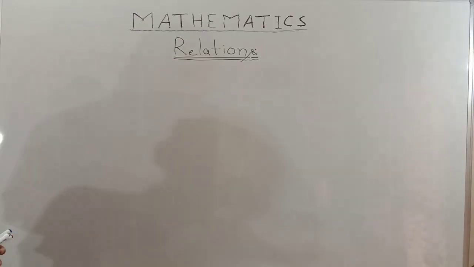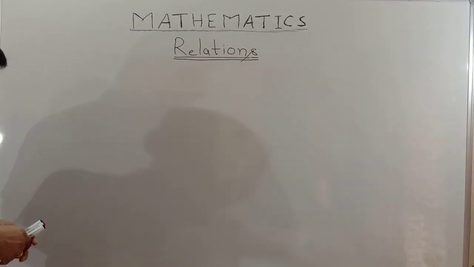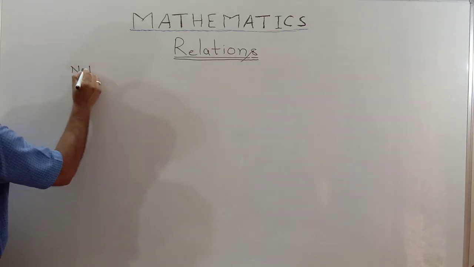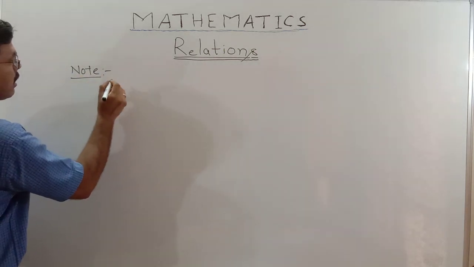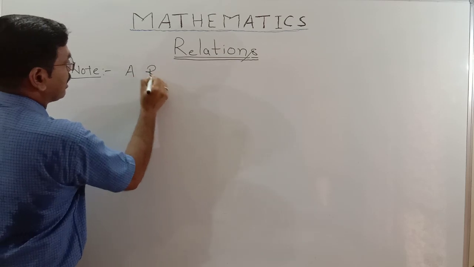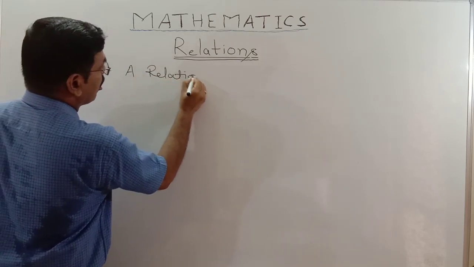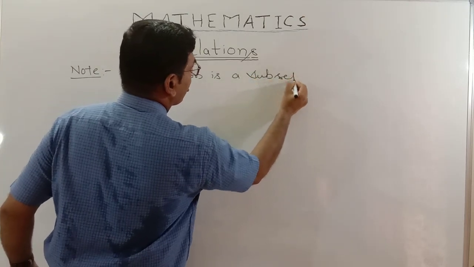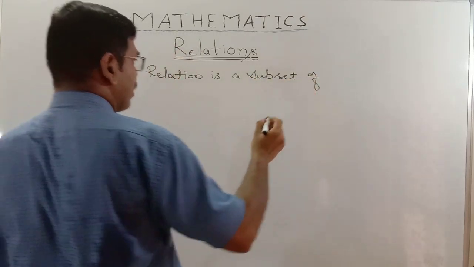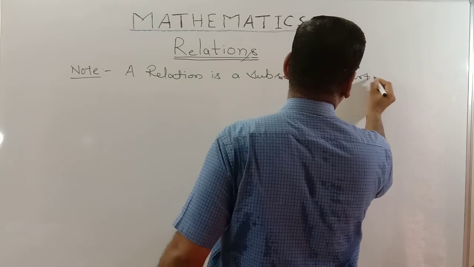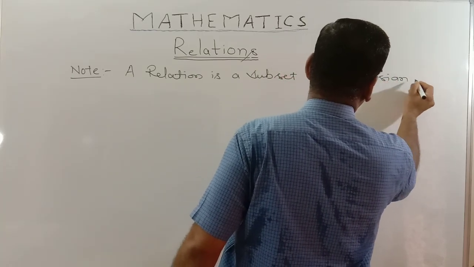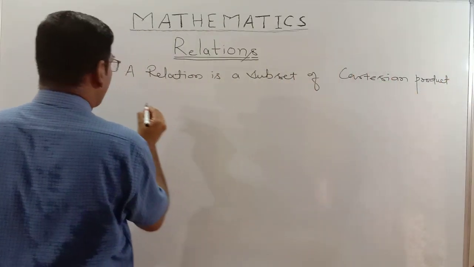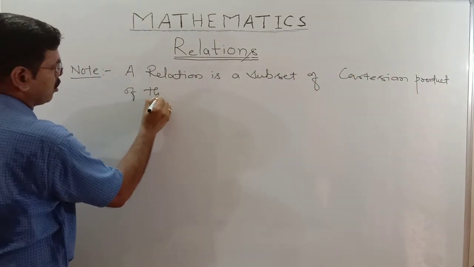So please write the note. Very first, you need to understand that a relation is a subset of the Cartesian product of the sets.